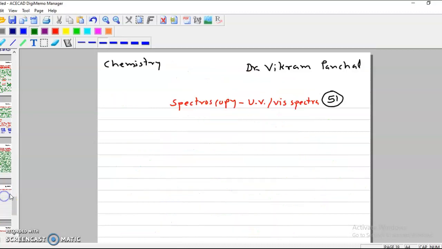Let us see the figure, which we draw like this. Carbon double bond O. Oxygen has two lone pairs of electrons.